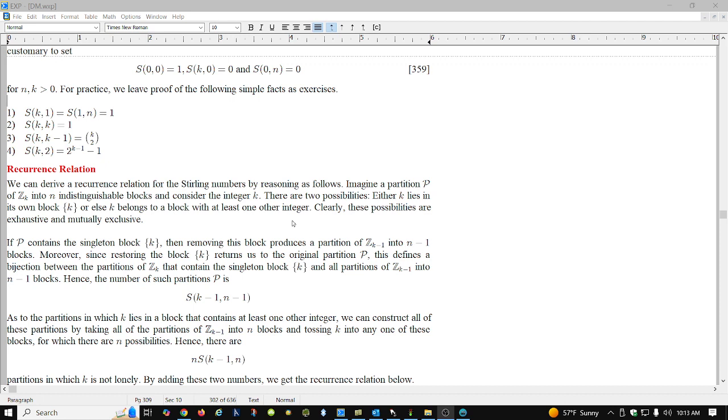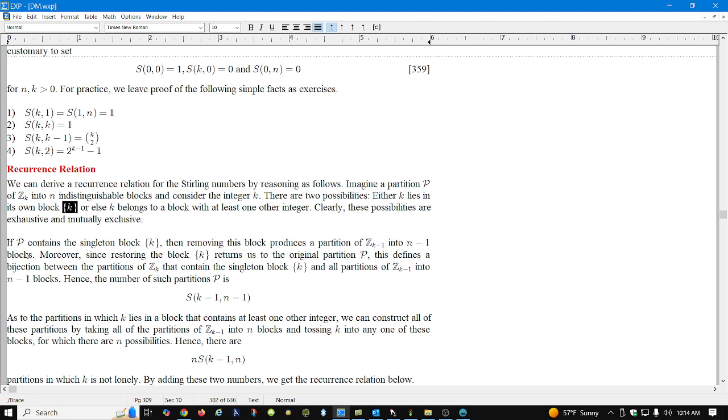And consider the integer k, one of the ball labels. There are two possibilities. Either k lies in its own block of the partition, so that would be a singleton block, or else k lies in a block that contains other members of Z_k. These possibilities are exhaustive. It has to be one or the other, and they're mutually exclusive, no overlap.